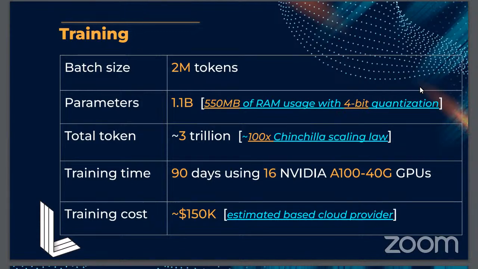However, the model was trained on nearly 3 trillion tokens, which is approximately 100 times larger than that suggested by the Chinchilla scaling law. The model was trained for 90 days using 16 NVIDIA A100-40G GPUs. The training cost is approximately 150K, estimated based on cloud provider rates.